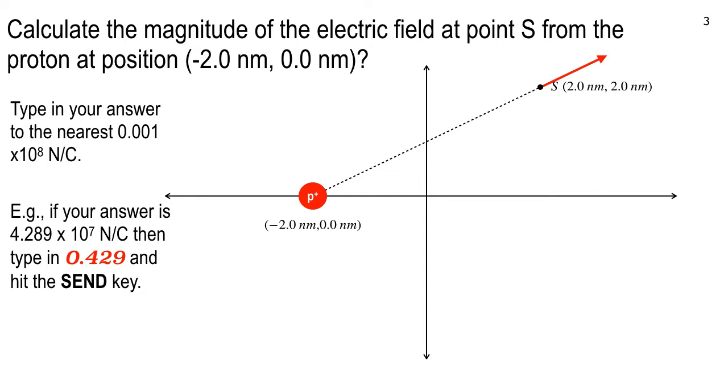I want a multiple of 10 to the 8 newtons per coulomb, to 3 significant figures, or I should say to the nearest 0.001 multiple. Now this one you're going to take some time.